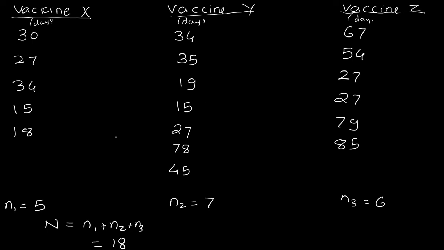Out of all three samples, the smallest gets the lowest rank. If we look, the smallest number of all is 15, from vaccine X and 15 from vaccine Y.